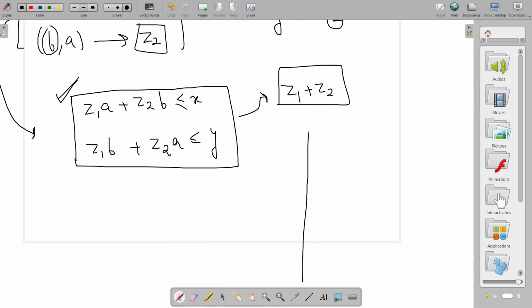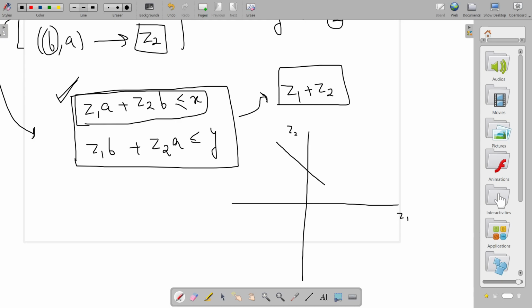So I can consider this as my Z1 axis and this as my Z2 axis. I'm not taking them as X and Y axes because it will cause confusion with the already existing X and Y.